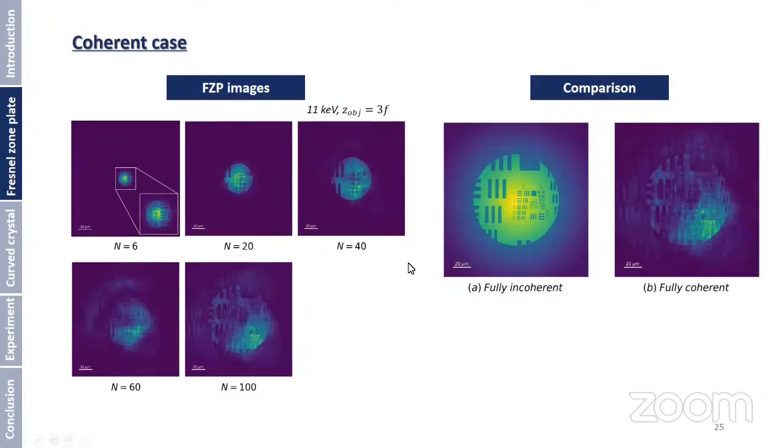Indeed, the overlap of different diffraction order images decreases much more the visibility and the quality of the first order images in the fully coherent case than in the fully incoherent case.